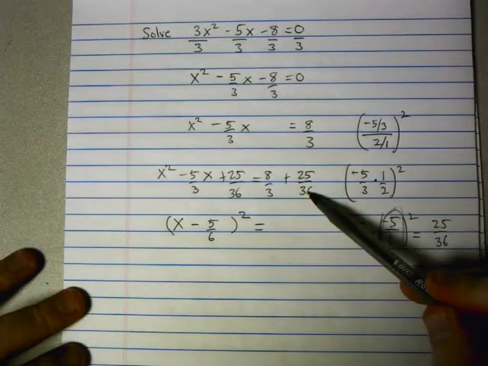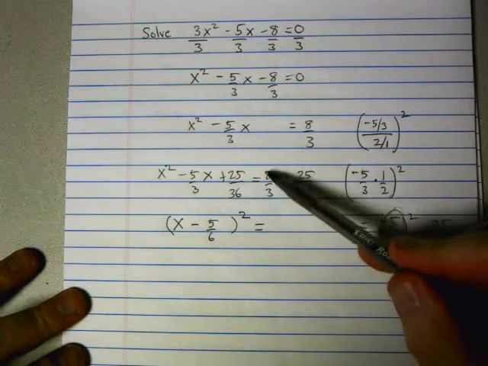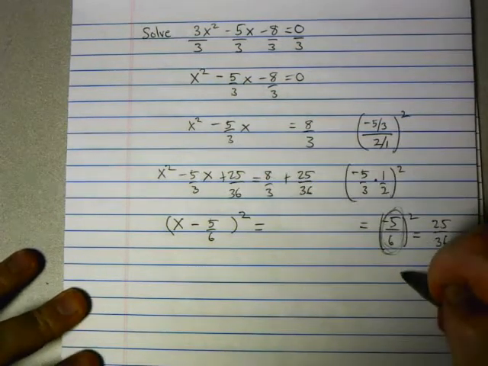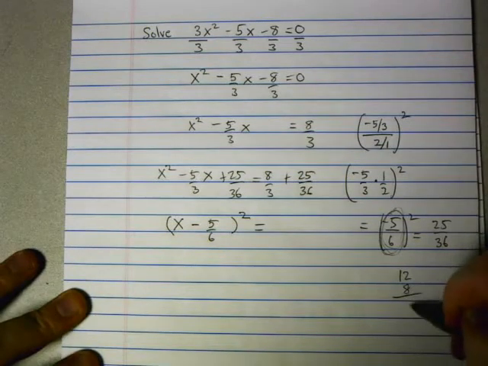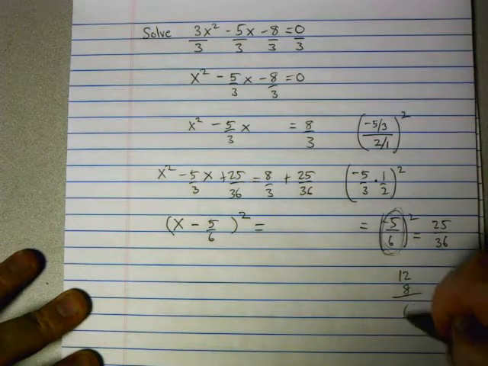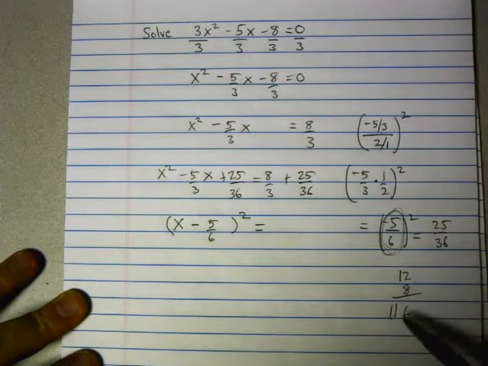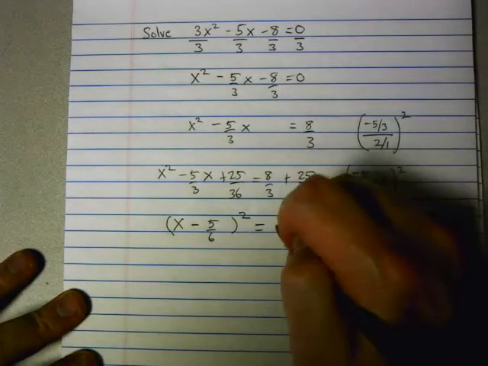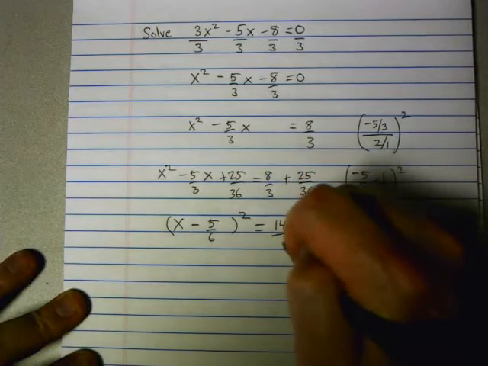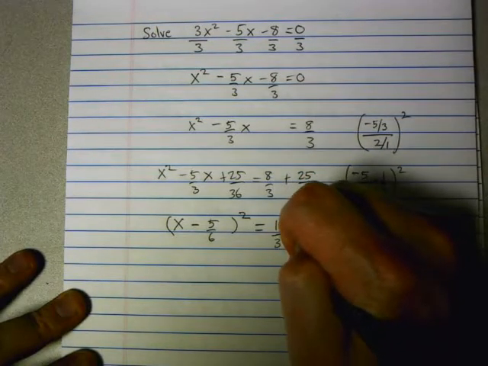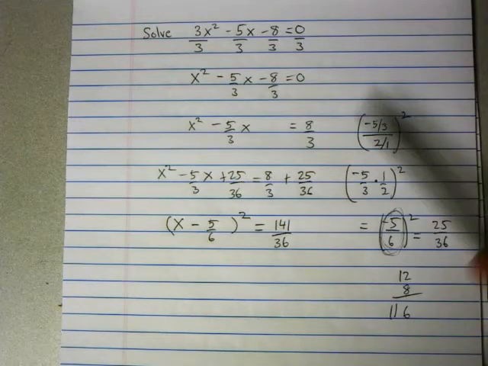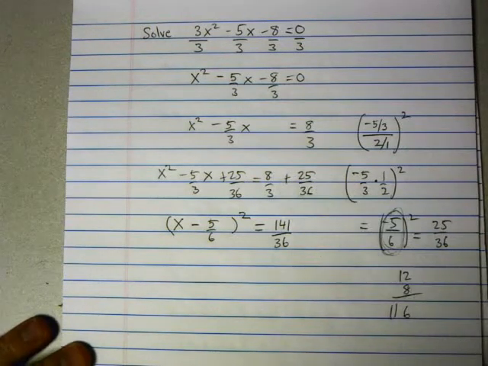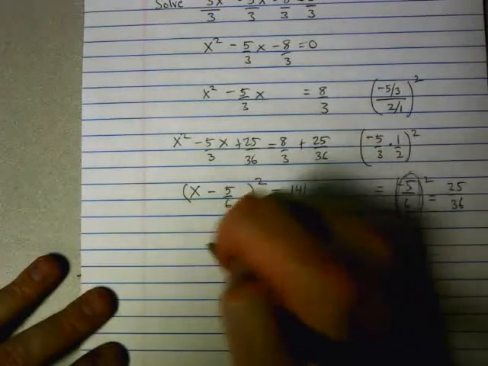The common denominator is 36, which means I need to take 12 times 8, which is 96. 96 plus 25 is 121. And again, I would highly encourage you to use your calculator there. Use your calculator to add 8/3 and 25 over 36. All right, we're almost done.